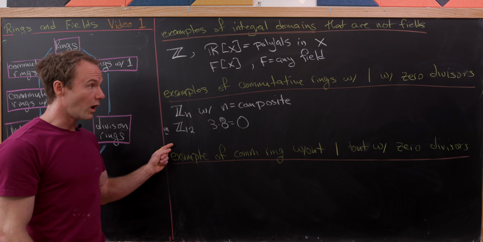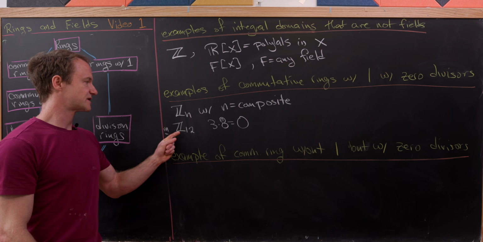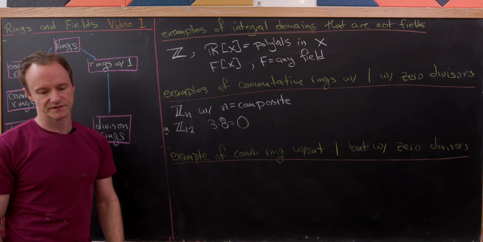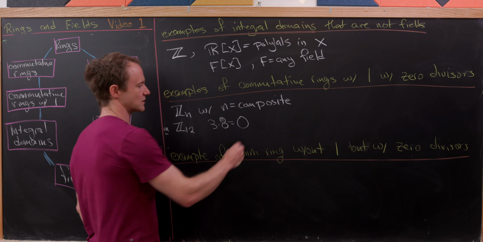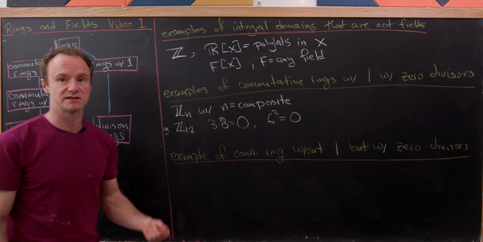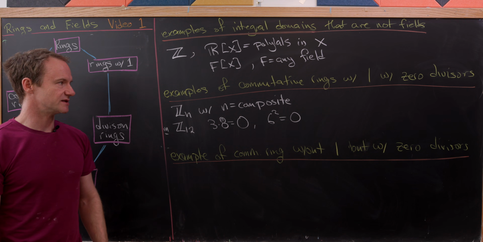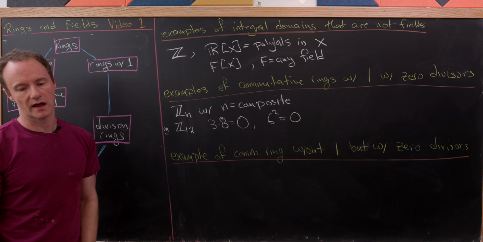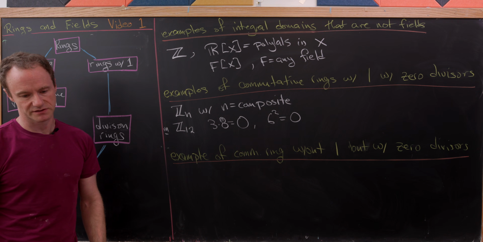Let's observe that 1 is playing the role of our multiplicative identity here, and there's a 1 in each of these. Let's also observe that 6 squared is equal to 0. 6 times 6 is 0, but 6 is not equal to 0. So this is a commutative ring with 1 and also zero divisors.